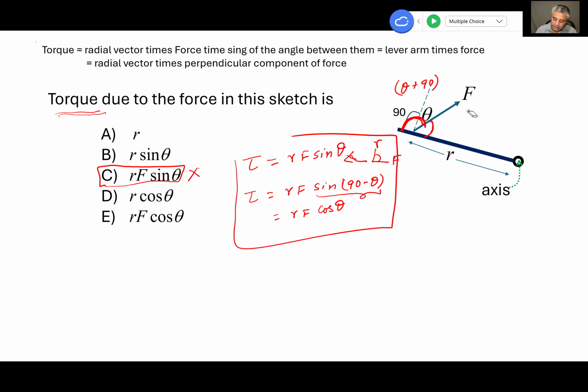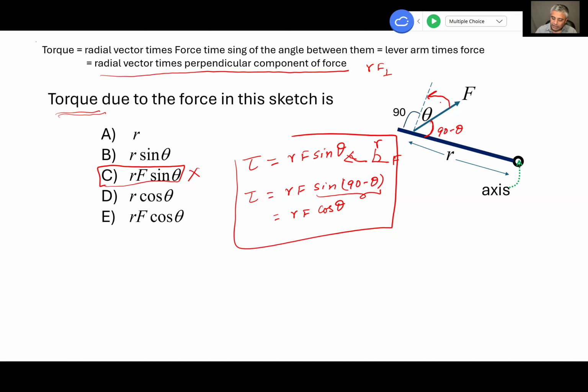Another way, so let me leave this right here, it's going to be handy. Another way, the radial vector times the perpendicular component of the force, that means R times F perpendicular.